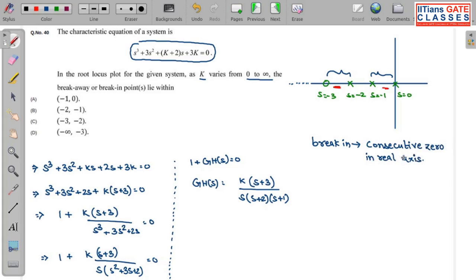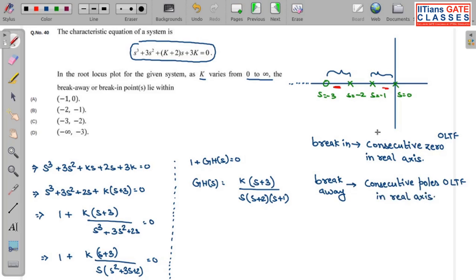And for a breakaway point, we need consecutive poles of the OLTF in the real axis.